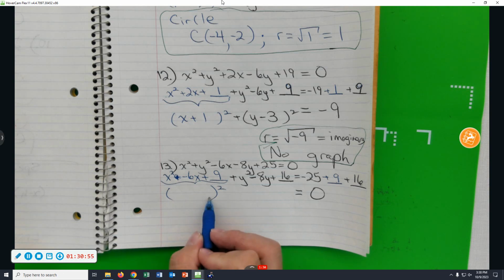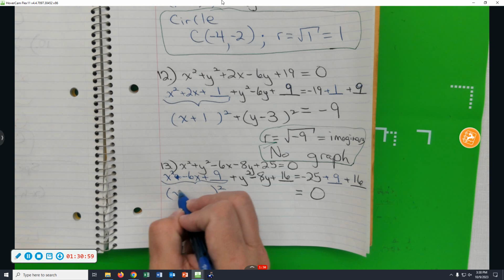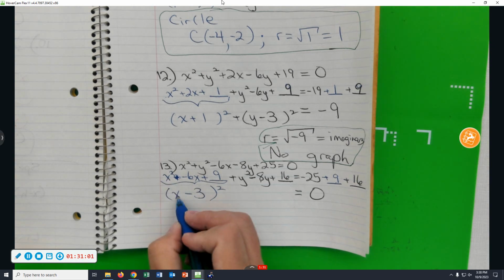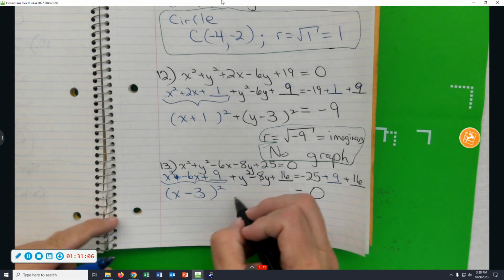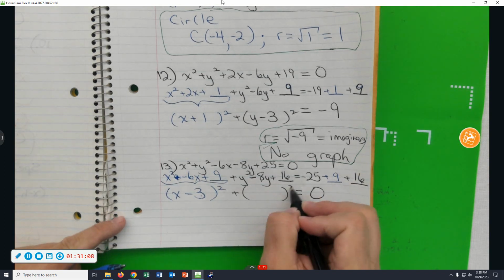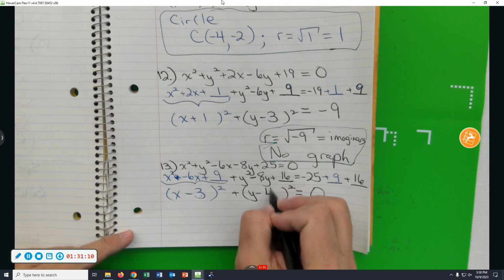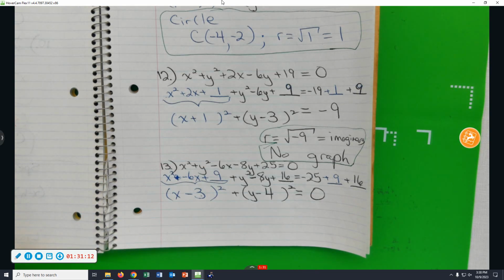What will I have inside these parentheses? X minus 3, variable, sign, half of that number. What am I going to have in the y parentheses? Y minus 4.